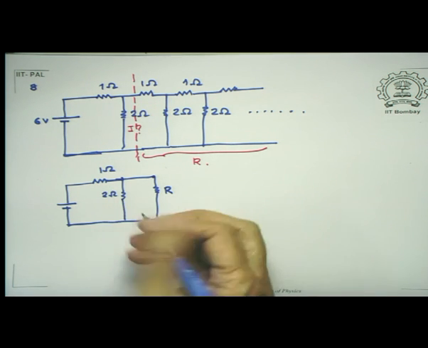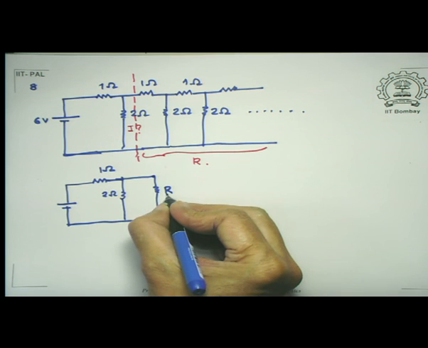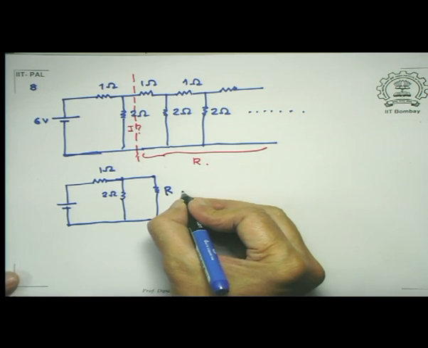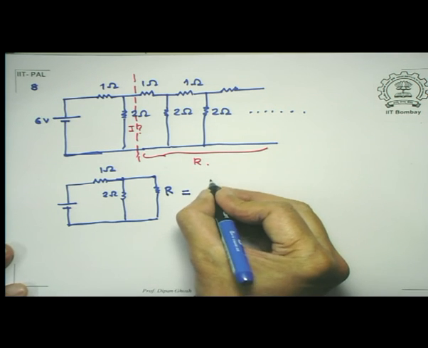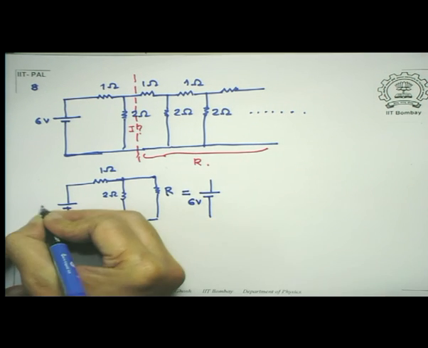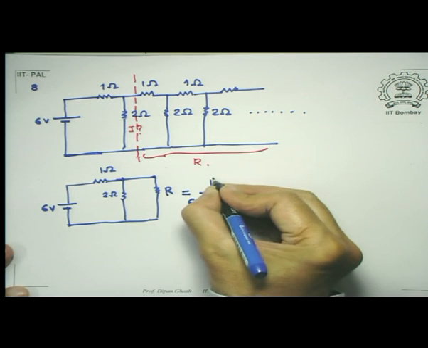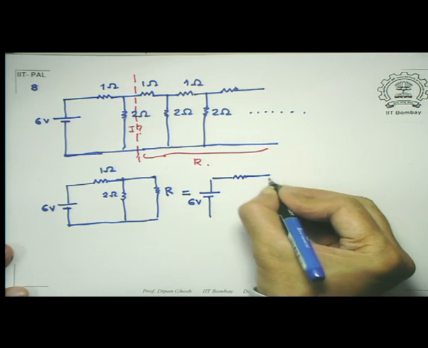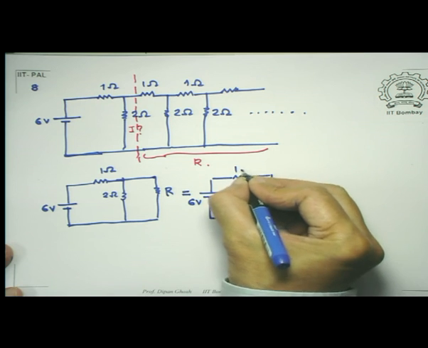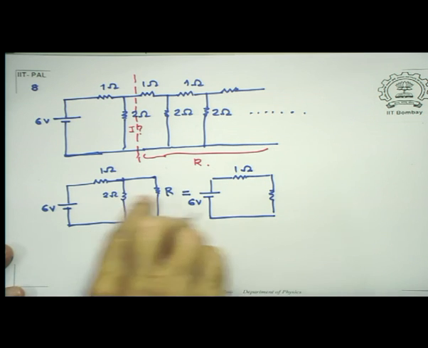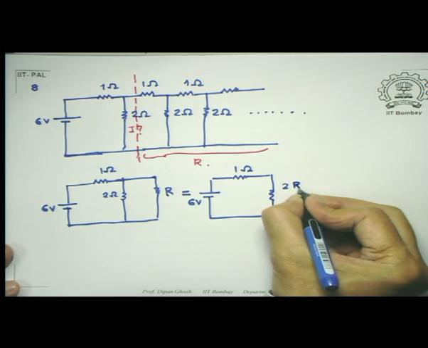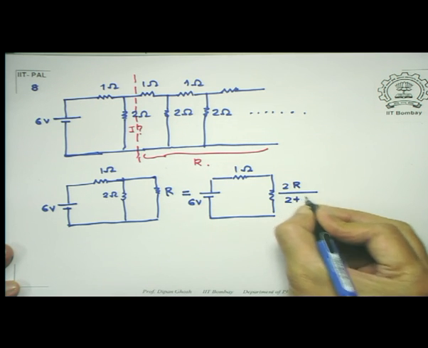Now this 2 ohm and this R, they are in parallel. So this is equivalent to a battery, 6 volts there, a 1 ohm here, and an effective resistance there. So this is 1 ohm, and this is the combination of 2 and R. So this effective resistance is 2R divided by 2 plus R.